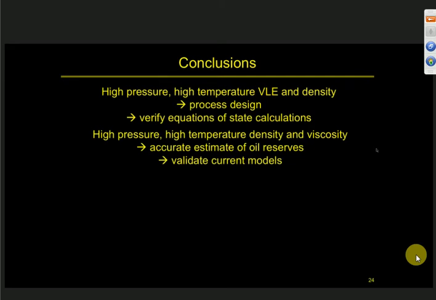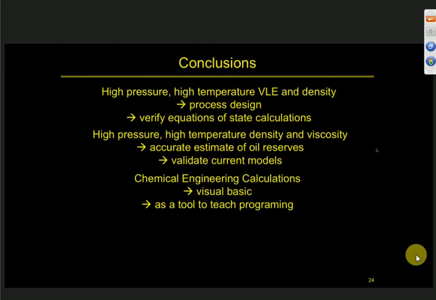And viscosity data is important for estimating piping and flow properties, and to estimate the amount of oil present in the reservoirs. And for chemical engineering calculations, we use Visual Basic that is built into Excel as a tool for doing all these calculations, and you can use it as a tool to teach programming skills to the students.